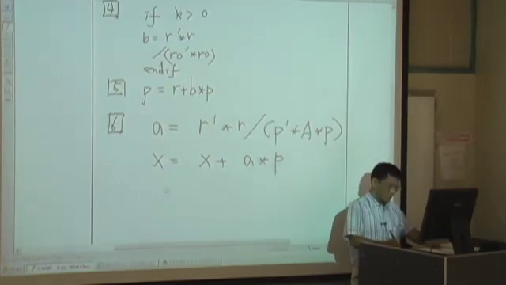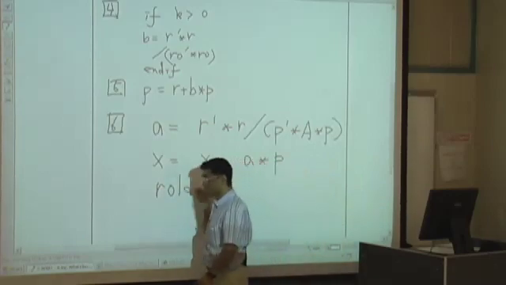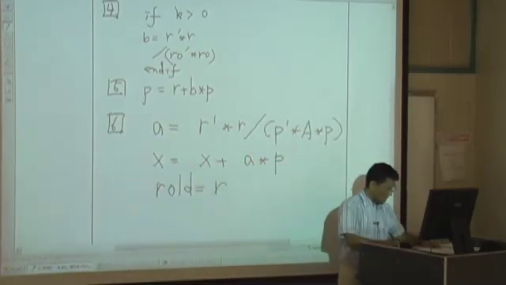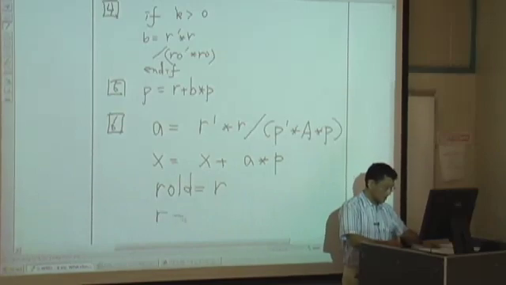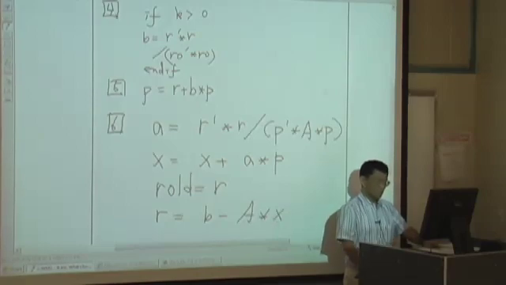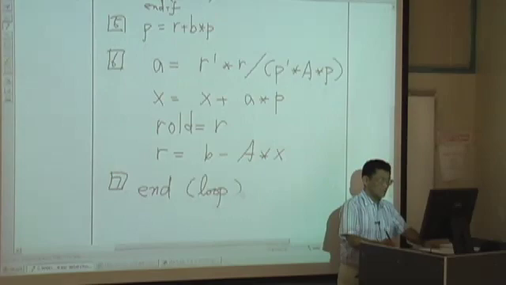And then Rk, now it's time to use R old, right? R old and then now R. Because both R and R old are necessary in the formula. Now I use R old. And then now we really determine R. R equals B minus A multiplied by X. And then seventh line is end of loop, right? End of loop.